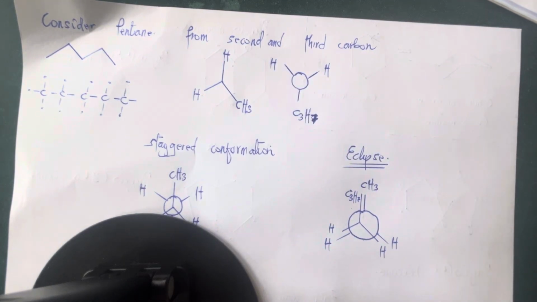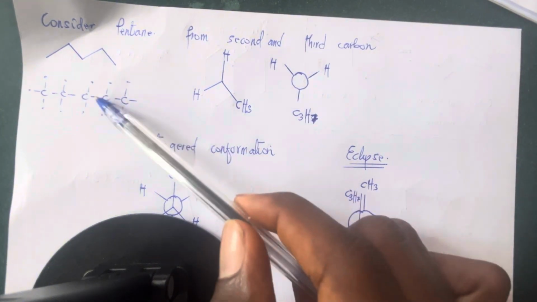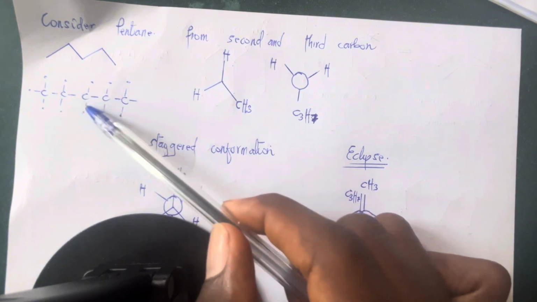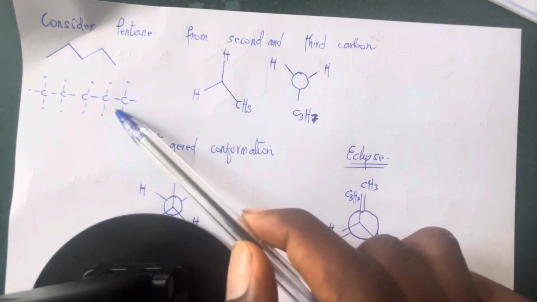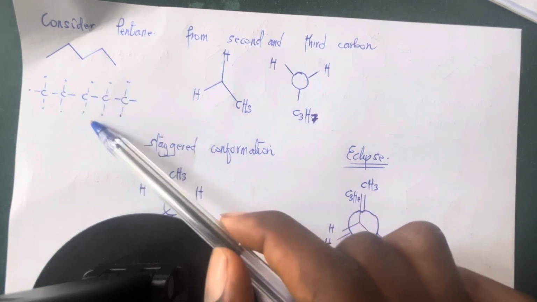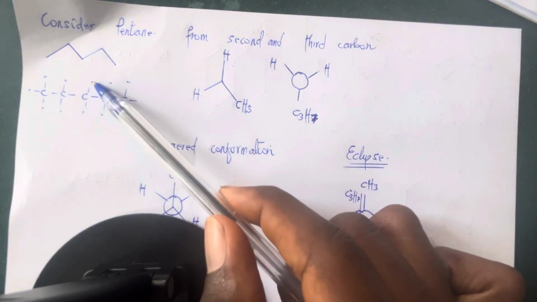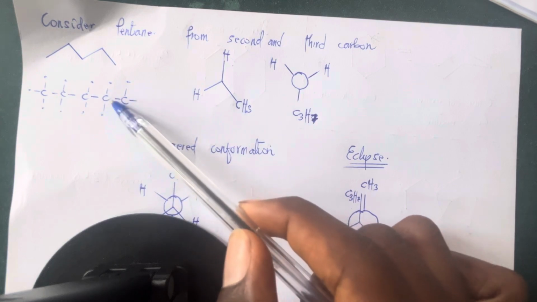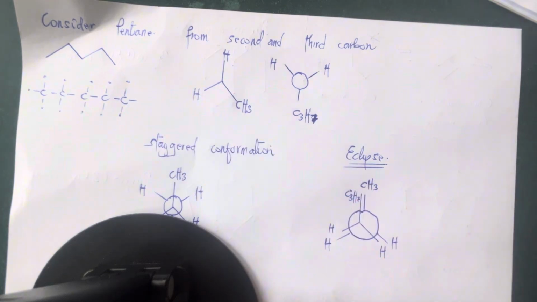Now, when you take the third carbon, you also have to ignore the bond that exists between the two carbons and only consider this part. This carbon is bonded to hydrogen, and the other one is two carbons, each with hydrogens.